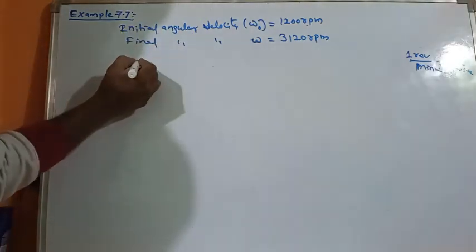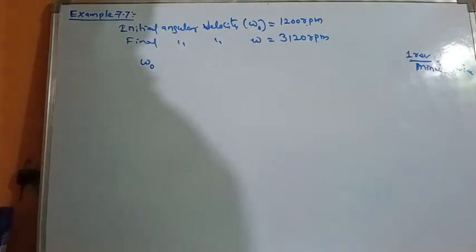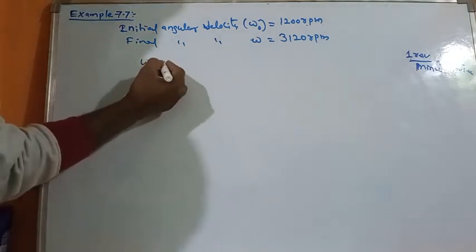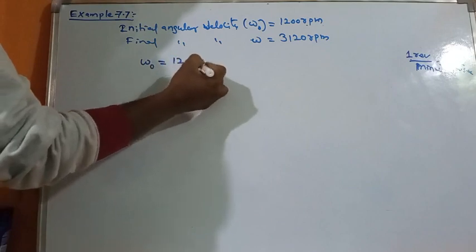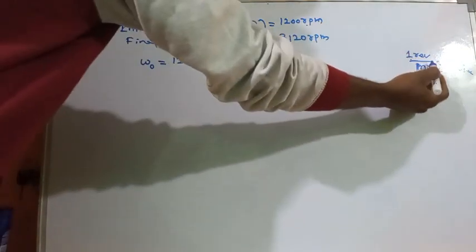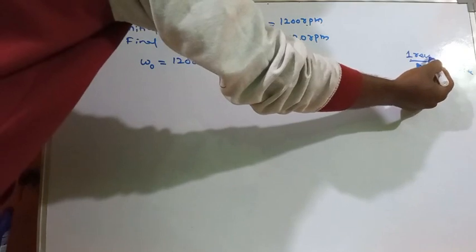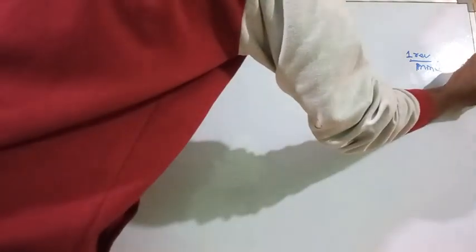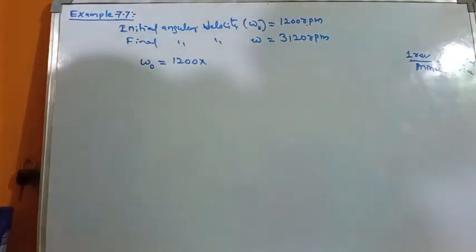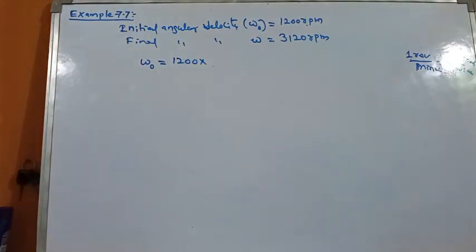So this initial angular velocity or speed becomes 1200 rpm, and 1 rpm is equal to 2 pi by 60 radians per second.